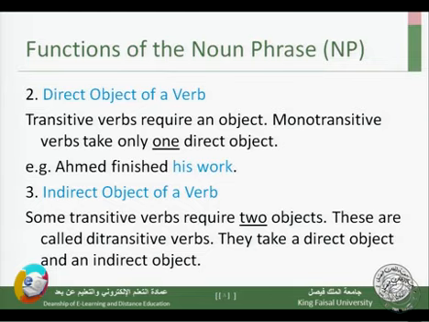We only have one object, and in this case the only possibility is that it is the direct object. Three, the third function is the indirect object of a verb. Some transitive verbs require two objects, and if you remember, these are called ditransitive verbs. They take a direct object and an indirect object. So when we have two objects, we need to decide which one is the direct object and which one is the indirect object.